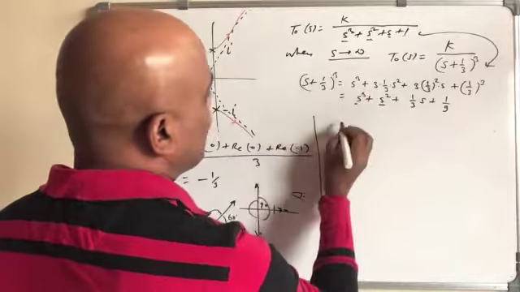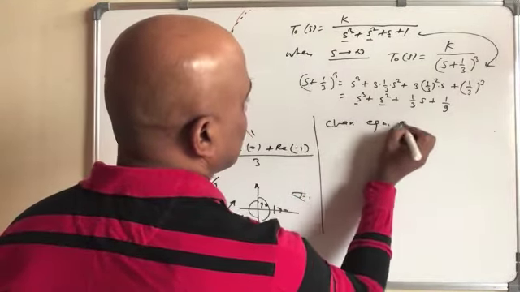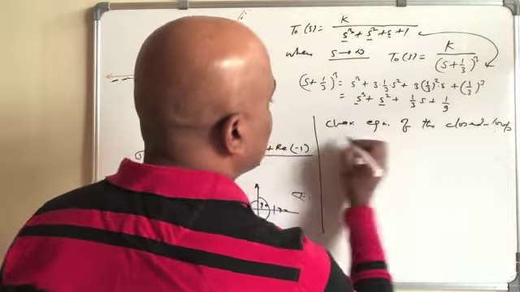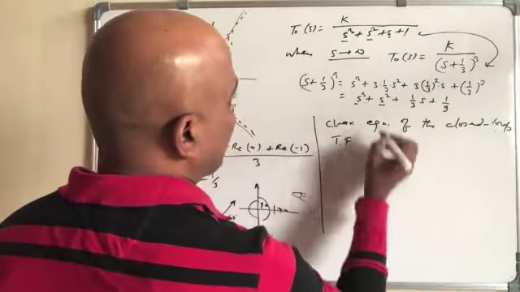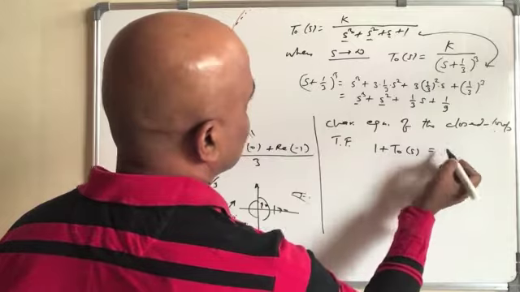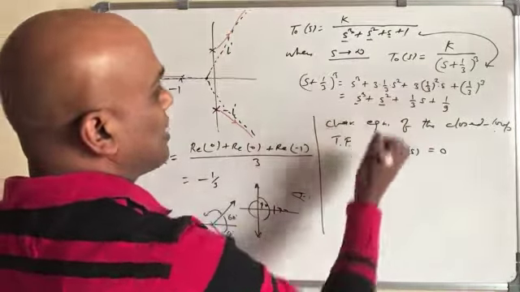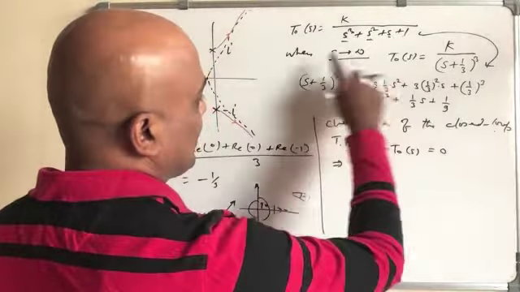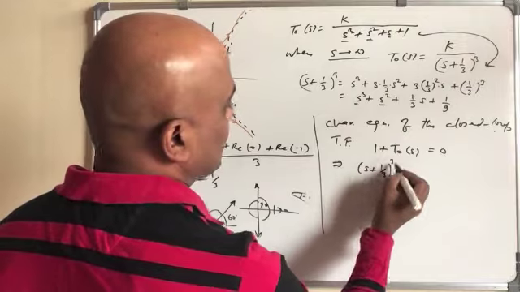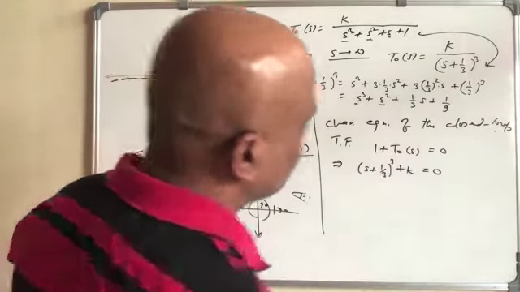The characteristic equation of the closed loop transfer function is 1 plus T naught s equal to 0. That's what we are going to find out. In that case we will simply get (s plus 1/3) to the power 3 plus K equal to 0.